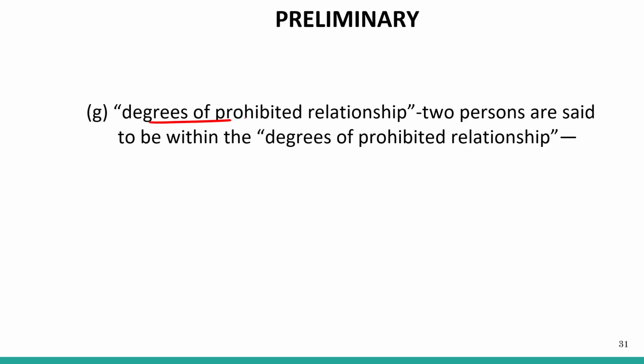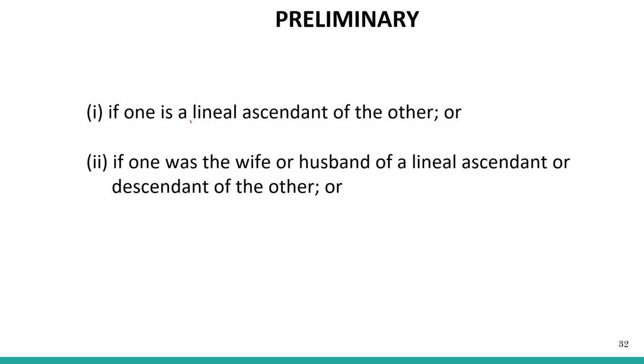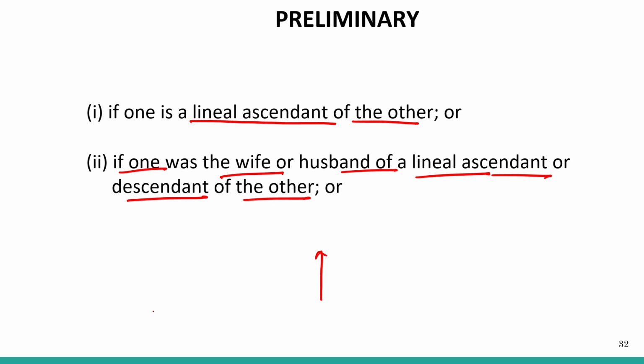Now, degree of prohibited relationship: two persons are said to be within the degree of prohibited relationship if one is a linear ascendant of the other, or if one was the wife or the husband of a linear ascendant or descendant of the other.